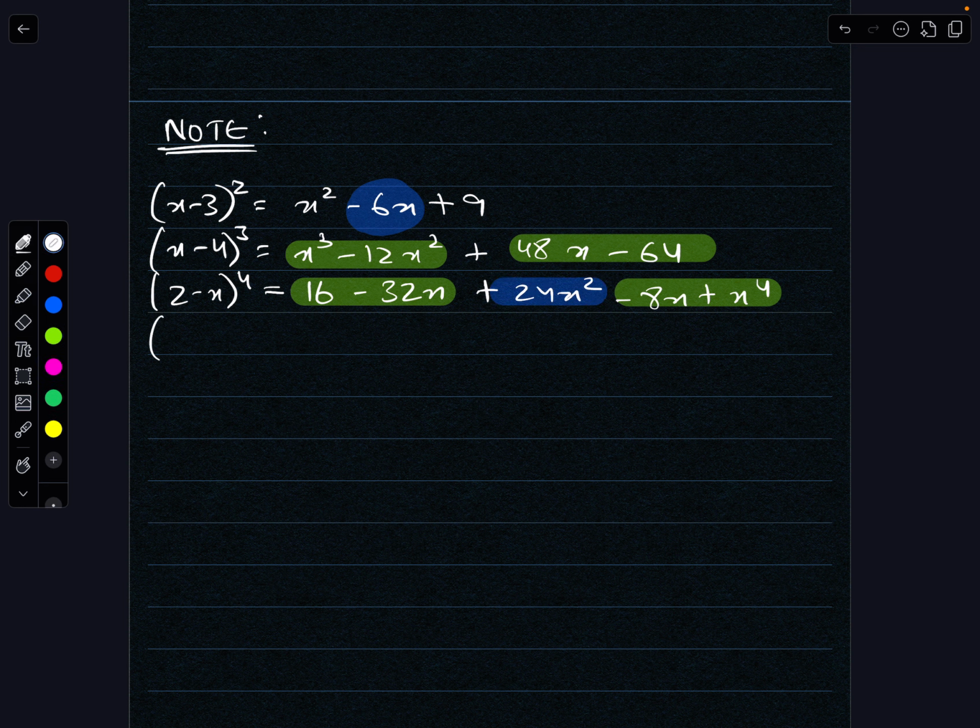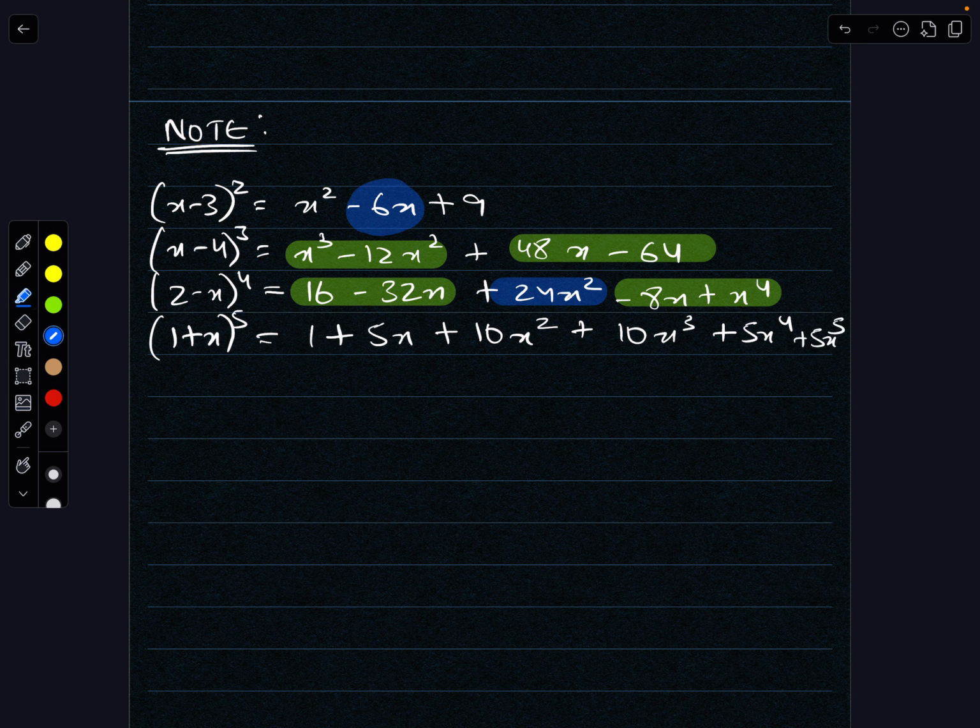Then let's take one more expansion like (1 + x)^5. So its expansion will look something like this. I am expecting to get 6 terms, by the way. 10x cubed plus 5x to the power 4 and x^5. Since I have 6 terms here, I don't have a middle term yet again. Now I want you all to note a few facts.